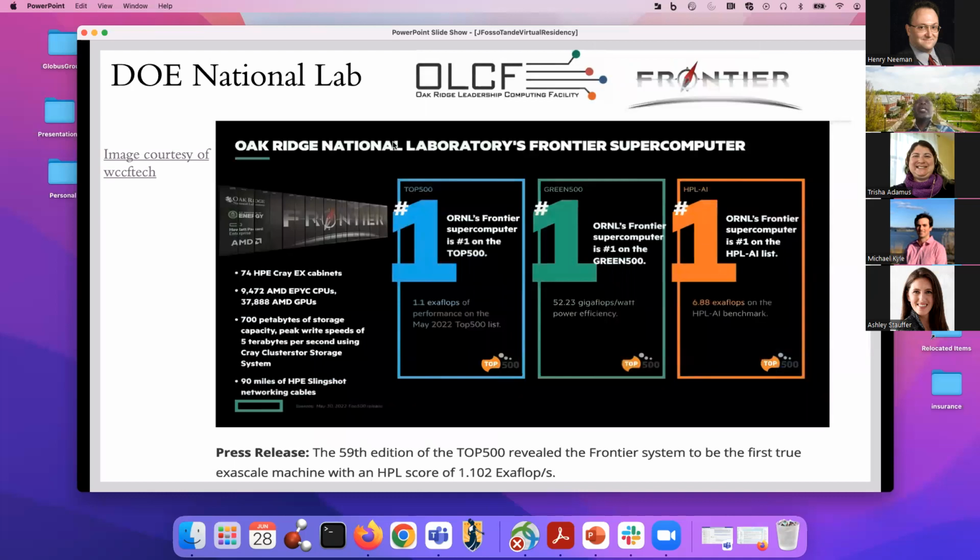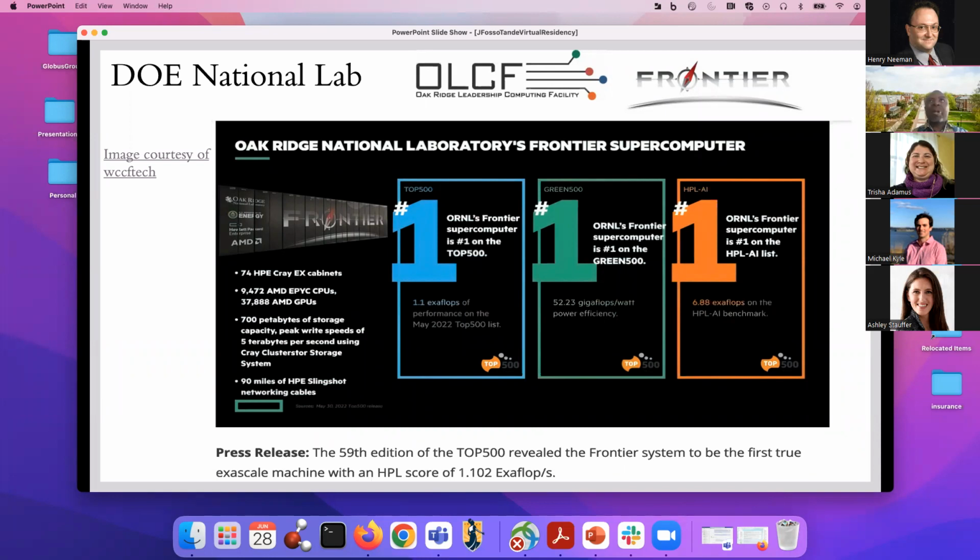Next, still at Oak Ridge Leadership Computing Facility, we have Frontier, which is the newest and probably going to replace Summit. It's number 1 in 3 important categories: Top500 for performance at 1.1 exaflops, Green500 number 1 for power consumption, and number 1 for AI as well.